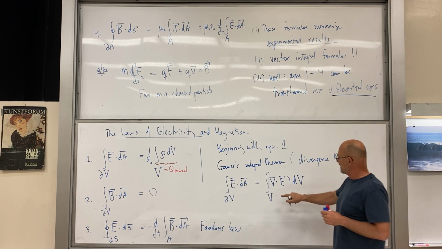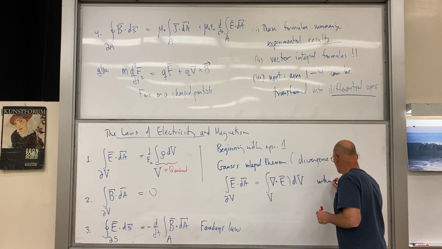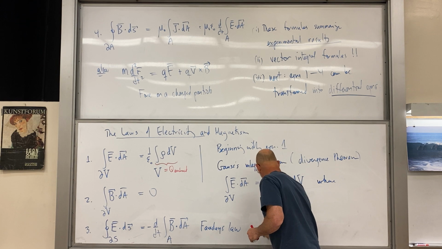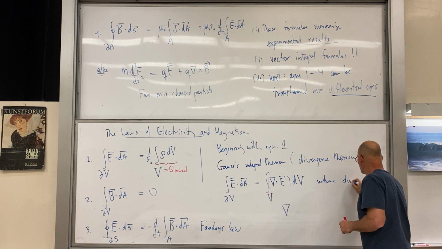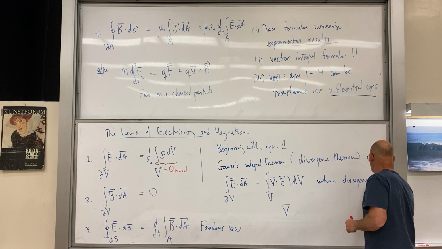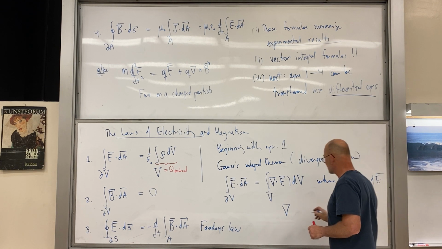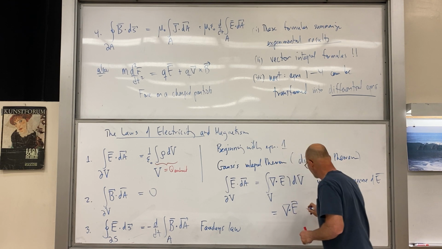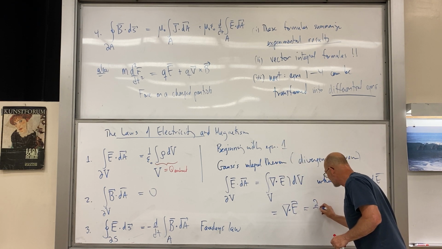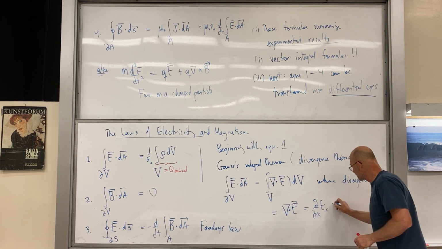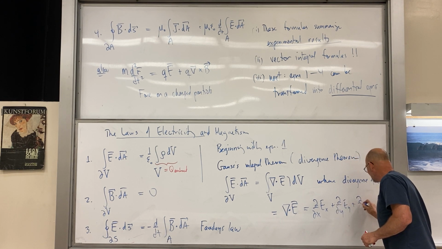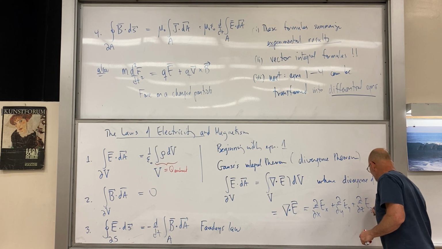Of a volume, where divergence, I'll write it out, divergence of E vector is equal to the symbol divergence of E, and what it means is it's the sum of the partial derivatives, d dx of E sub x plus d dy of E sub y plus d dz of E sub z.